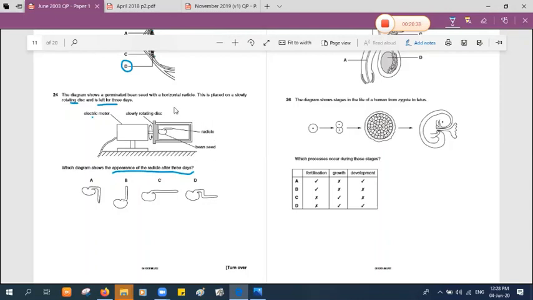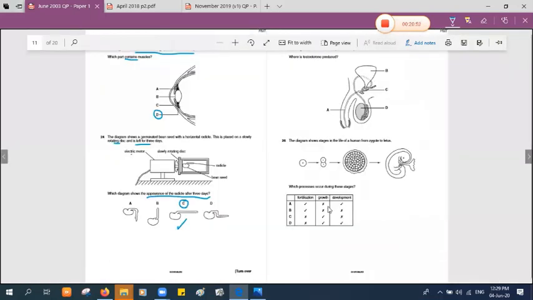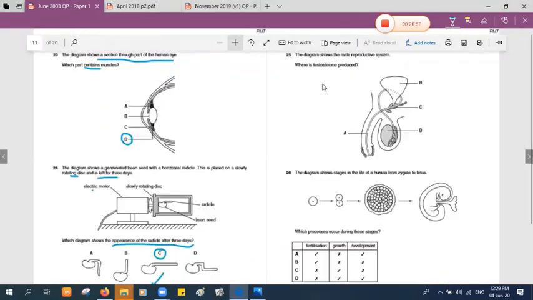So what do you think will be the right answer in question 24? Yes, Rahma, C. It will be like this shape. Perfect. Question 25. Here, the diagram shows male reproductive system.